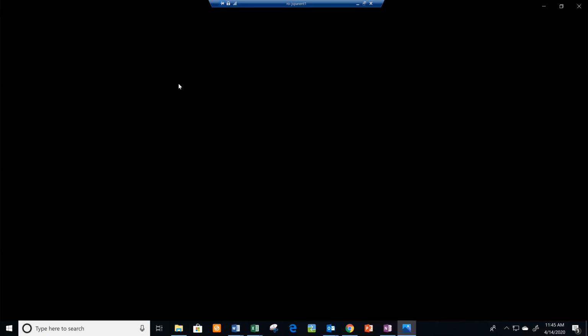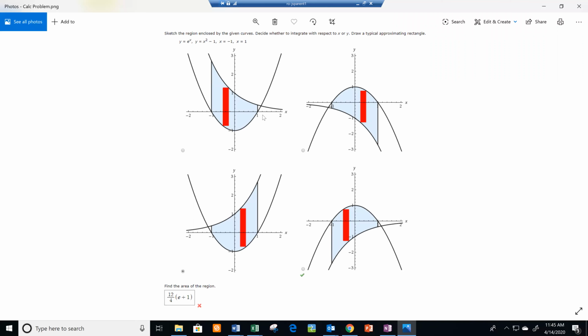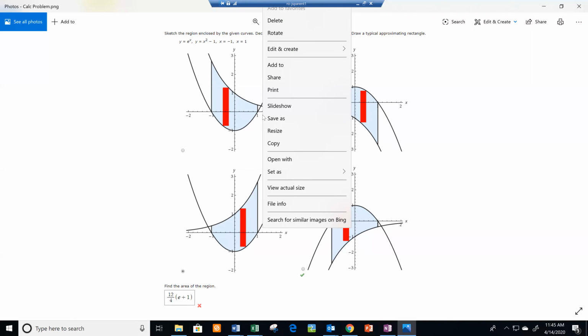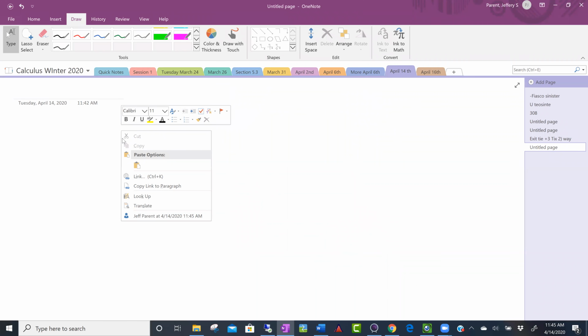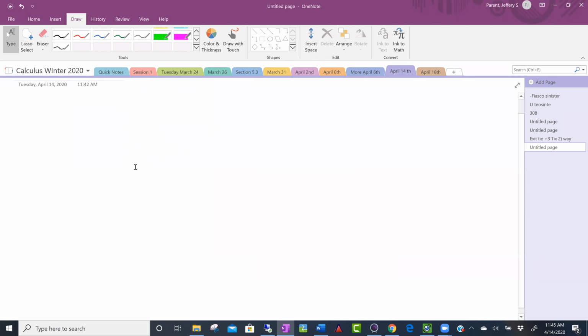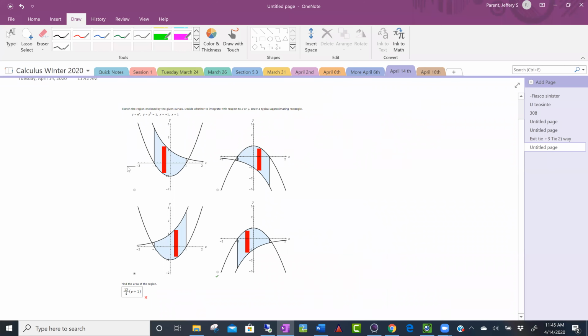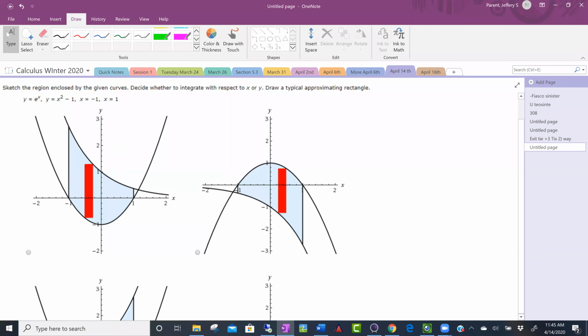Man, technology is not cooperating with us today. Might need to save it as a JPEG. Oh, there it is. Copy. Paste. Okay. Let me see if I can make that a little bit bigger here.